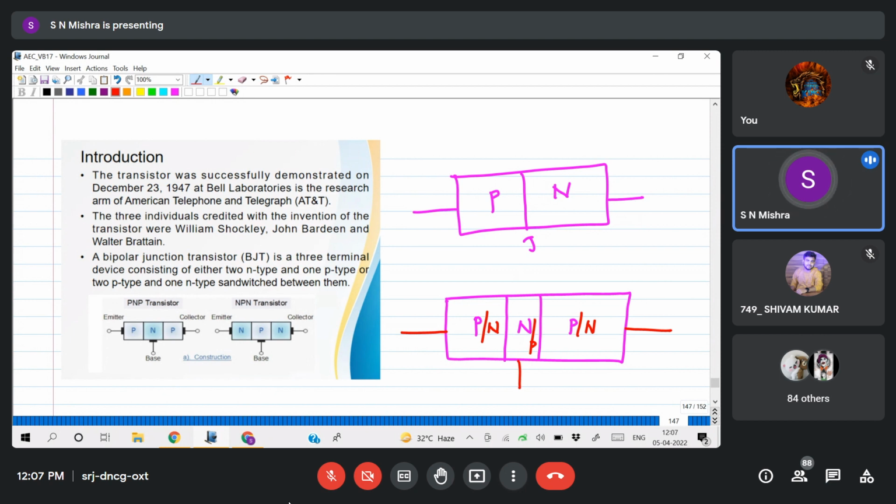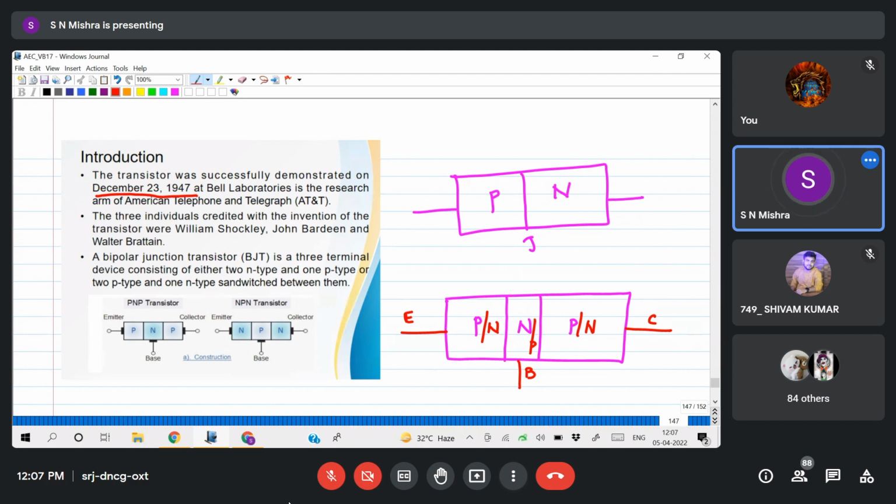So a diode is a two-terminal device, a transistor is a three-terminal device. The terminals are called emitter, base and collector. E means emitter, B means base, C means collector. This device was first demonstrated on December 23rd, 1947 at Bell Laboratory.